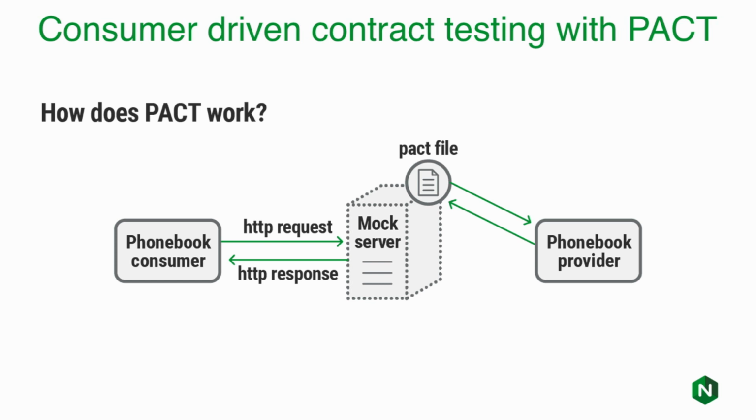But it's basically based on the fact that the center are the integrations between different services. You're going to have a provider of an API, and you're going to have an ecosystem of consumers that are going to consume that API in different ways. So it's all about writing tests. The way it works is, you write tests in your consumer side.